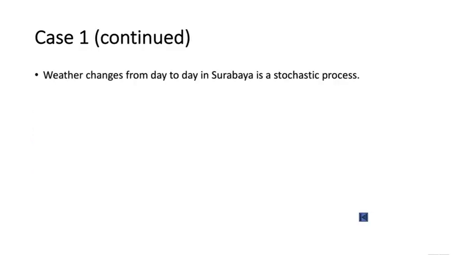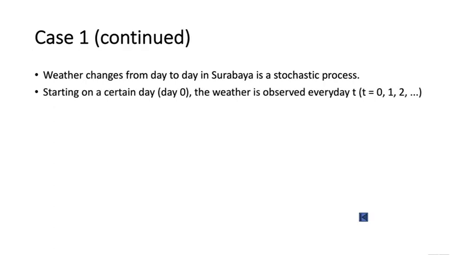Okay, and I think the weather changing from day to day in Surabaya is a stochastic process. Starting on a certain day, we call it day 0, the weather is observed every day, so t equals 0, 1, 2, 3, and so on.